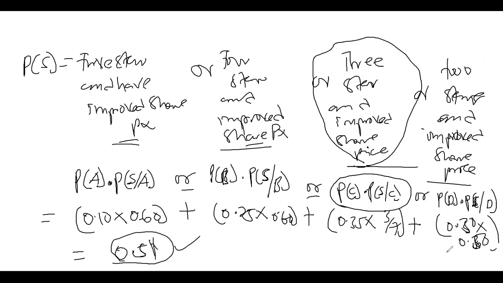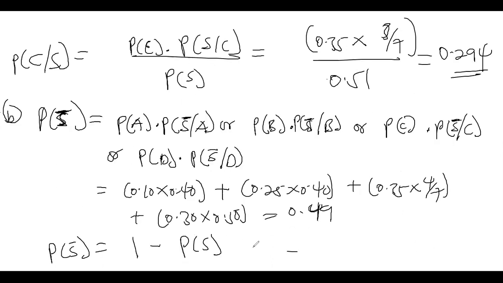So the probability of not S would simply have been 1 minus 0.51, and you get 0.49 straightforward without going through this long procedure. So that is another way to do it, and you can choose what is appropriate for you.